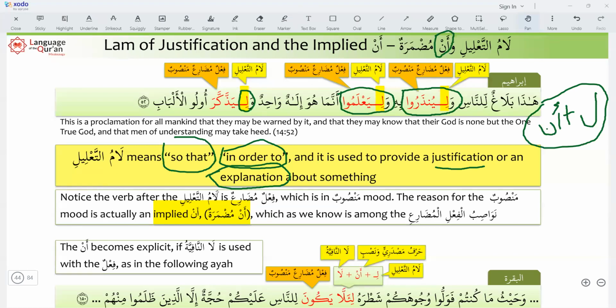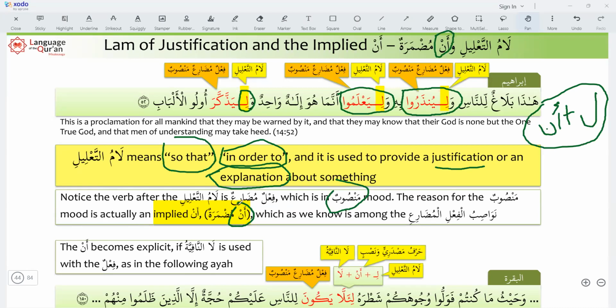Notice that the verb after lamul ta'lil is fi'l mudari', which is mansub. Here you have seen all. They are fi'l mudari' and they are in the mansub mood. The reason for the mansub mood is actually an implied an, which, as we know, is among the nawasib of the fi'l mudari'.